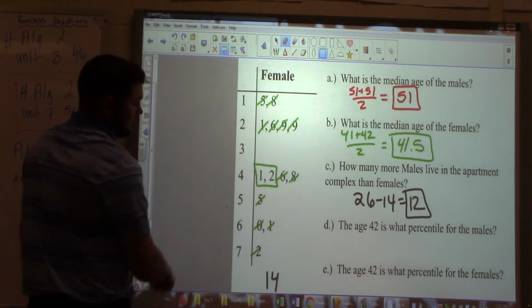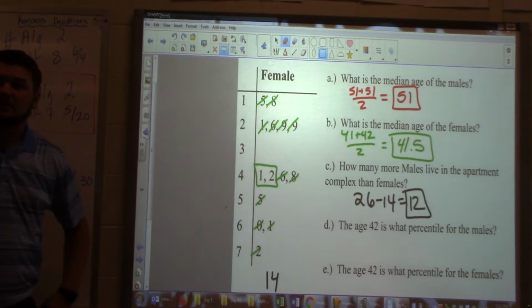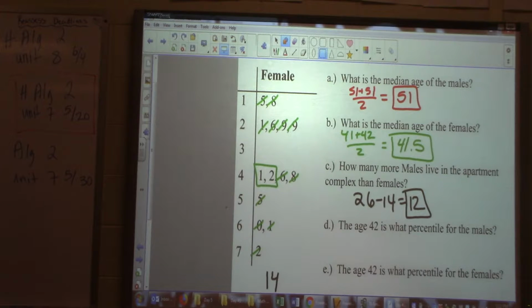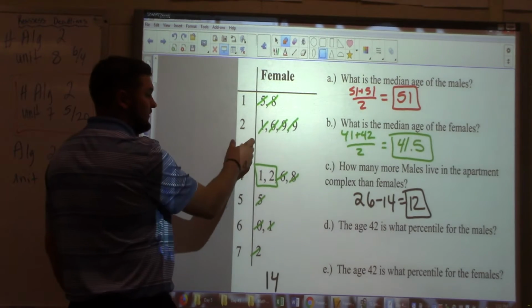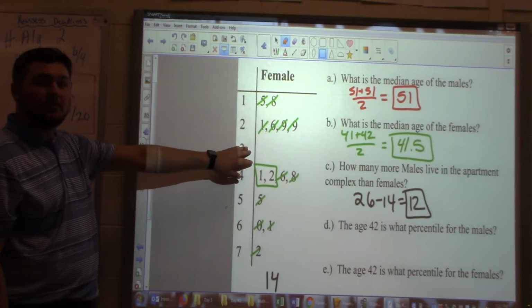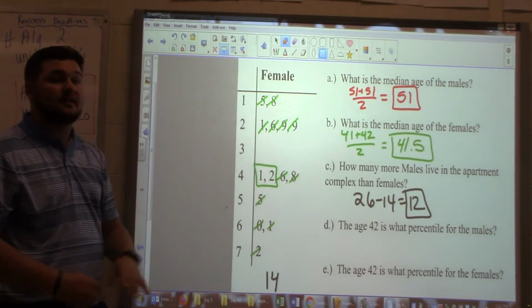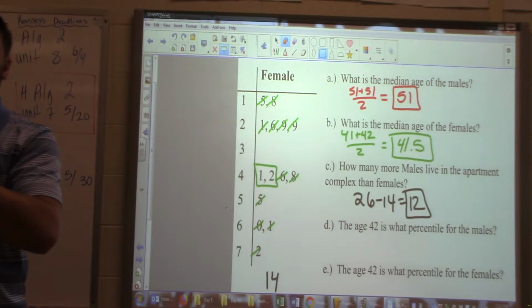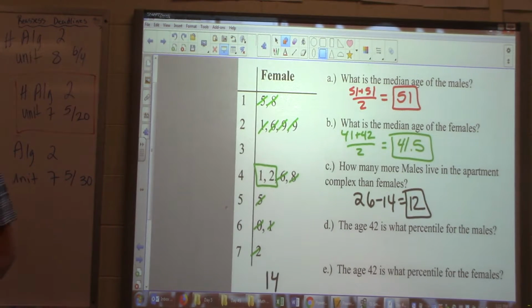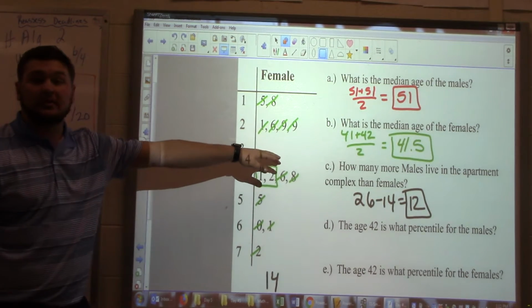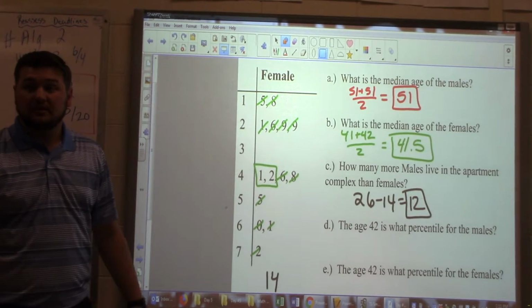Yes, we do. Our stems need to go in order. Even if we don't have a data point for the 3, we can't just skip over it. So it should be 1, 2, 3, 4, 5, 6, 7, from the minimum to the maximum. And even if we don't have any leaves for the 3, it should still be written there. Alright?